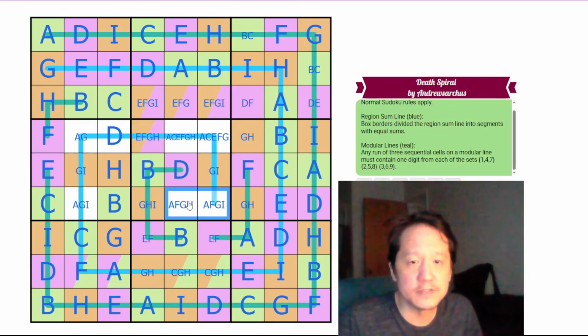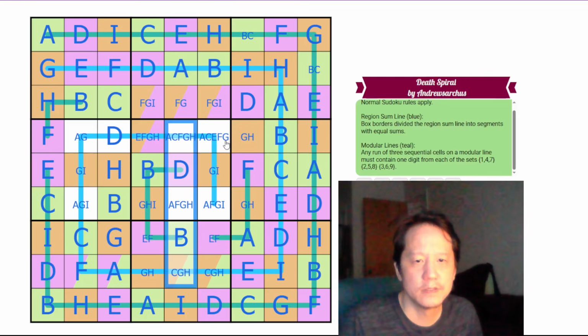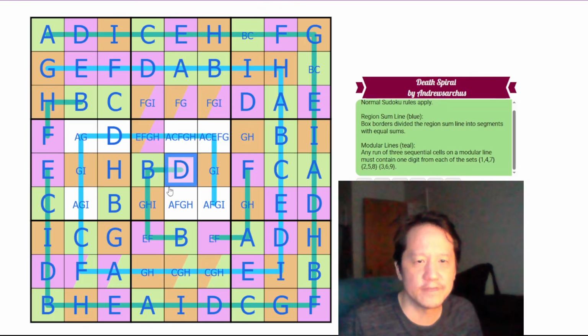So one of these is F. No E here. This is FGI, which makes this D. This is E. No E here. So far this is looking fine.